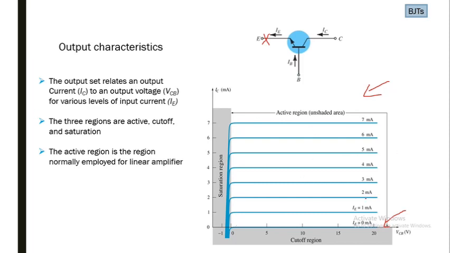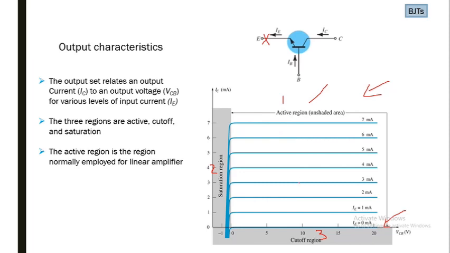And in this set of characteristics, we have defined three different operating regions. One is active region, second one is saturation region, and this one is cutoff region. When we use a transistor in an amplifier network, we bias this transistor in active region.